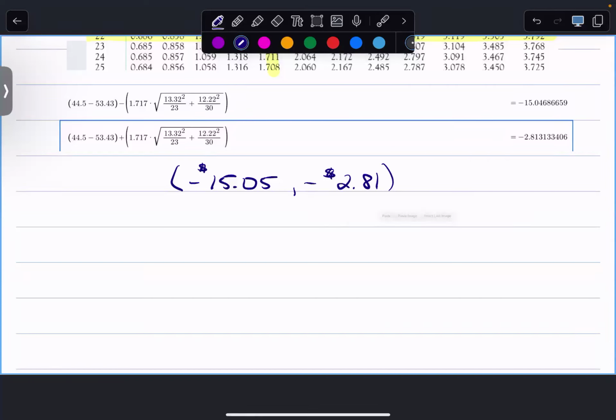We've got this. What's the next thing? Last thing, I have to do my interpretation.